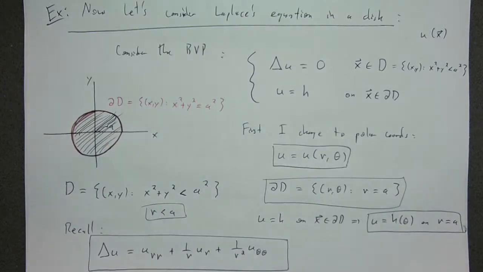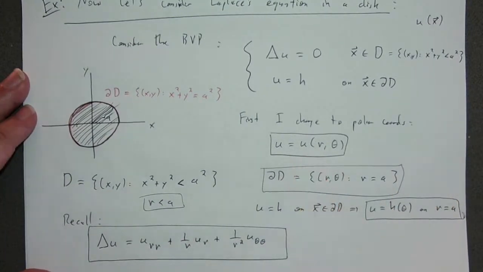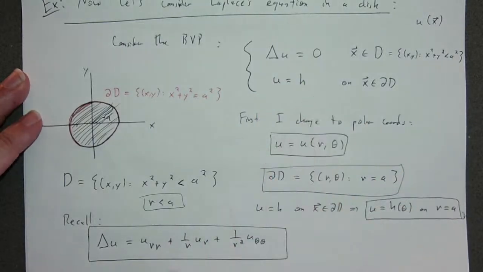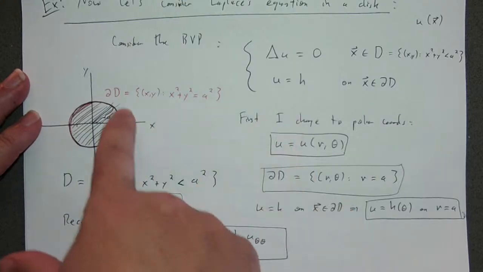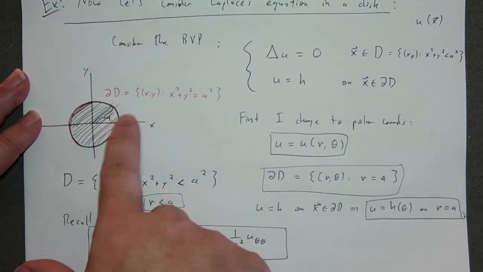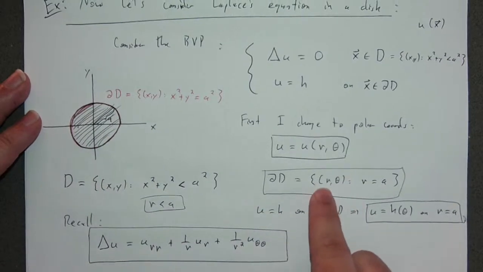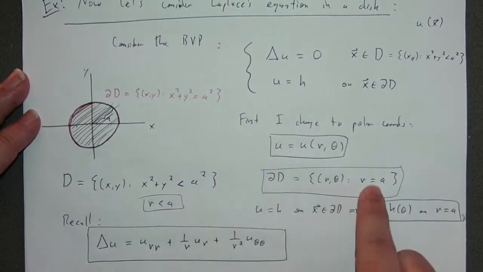Its boundary is this circle of radius a in this case. And so our idea was to switch to polar coordinates. In polar coordinates, you can work out that the Laplacian is given by this expression. If u is equal to some h on this boundary, well, this boundary set can be written really easily as just the set of polar coordinate points where r is equal to a.